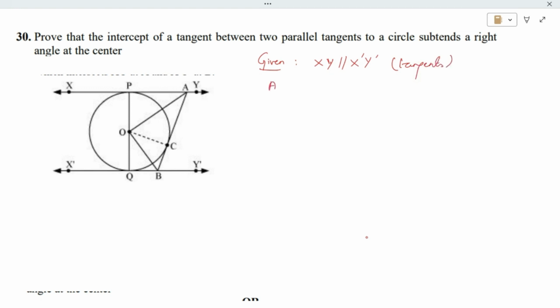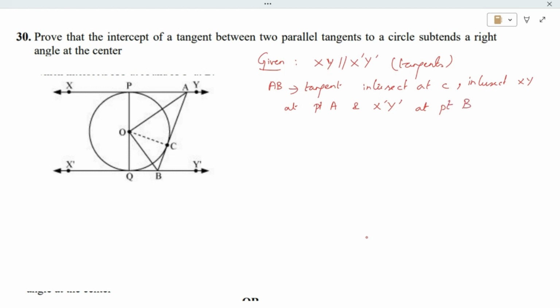And AB is another tangent to a circle which intersects at point C, and also intersects XY at point A and X'Y' at point B, isn't it?